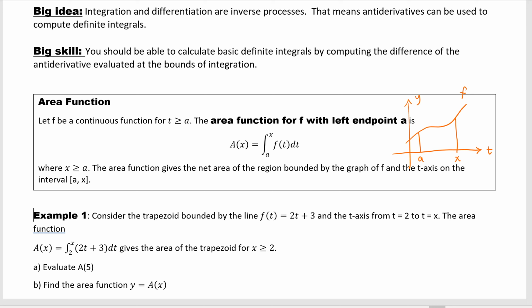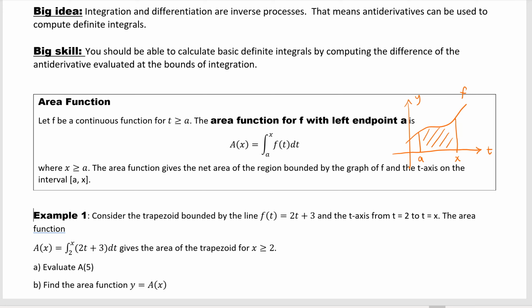Let's call this point x. The area function of f with the left endpoint a is the area under the function f, bounded by t equals a and t equals x. So that's the definite integral from a to x of f of t dt, where x is greater than or equal to a.